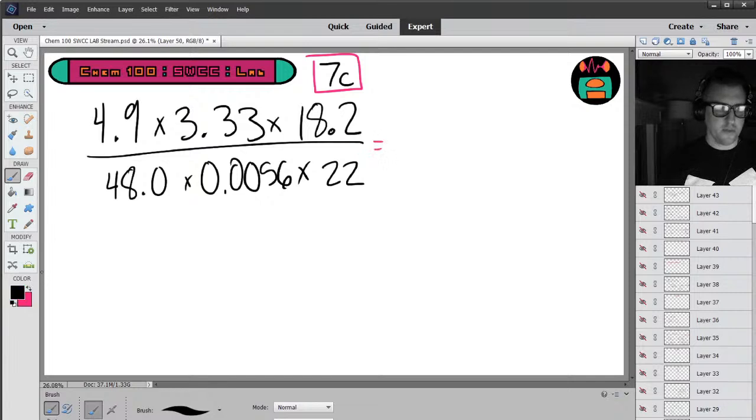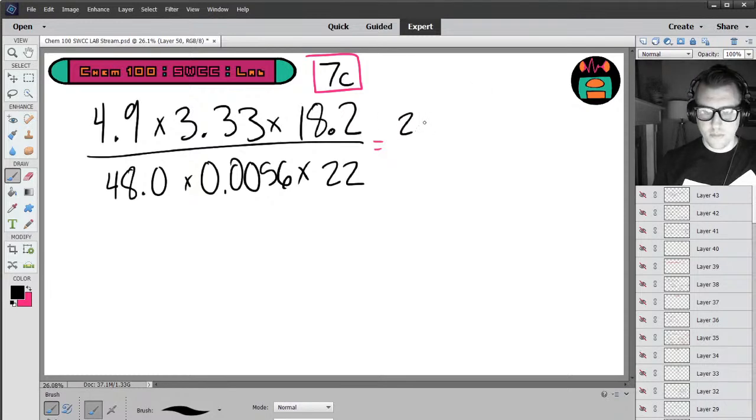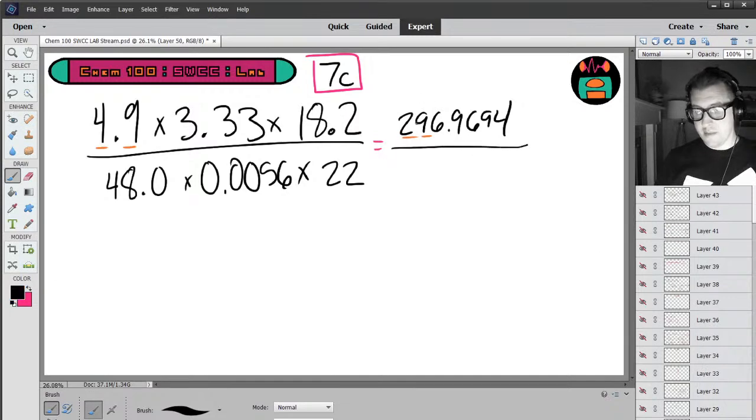So numerator is 4.9 times 3.33 times 18.2, which is 296.9694. Sig figs wise, we're limited to 2 sig figs in our numerator, so I'm going to wait around to the end, but I'm putting those 2 lines there to remind myself that my numerator has 2 significant figures.